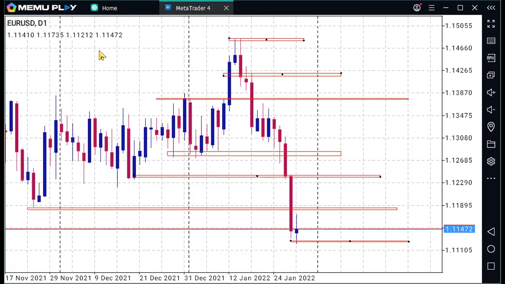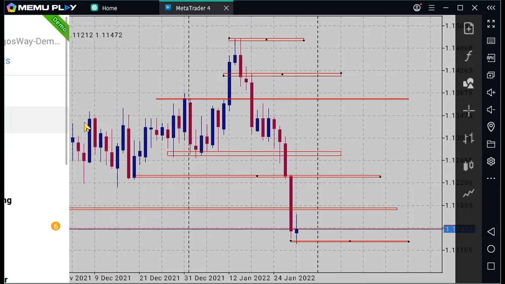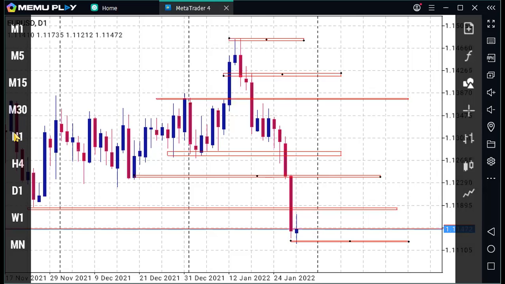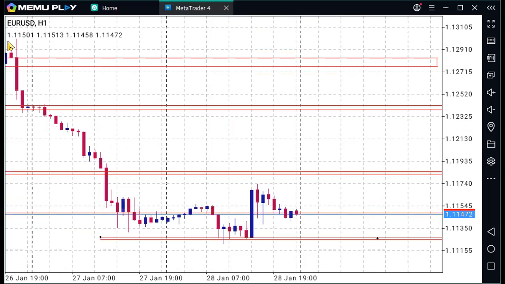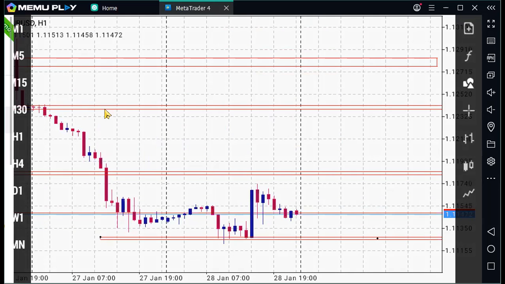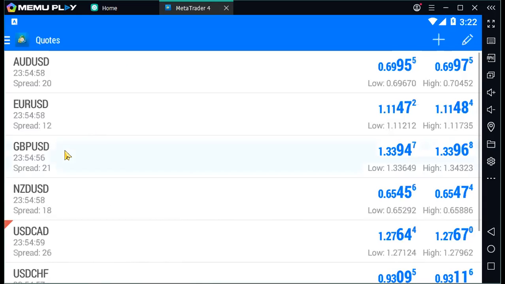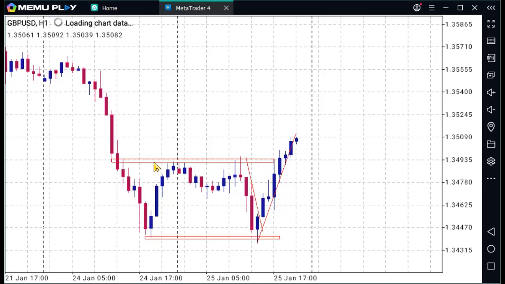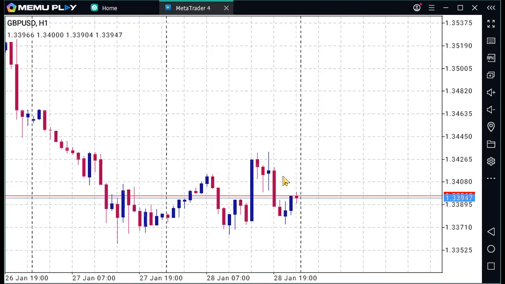Okay, so this is EUR/USD for now. Let's pick another example so we know that we've thoroughly done with that.